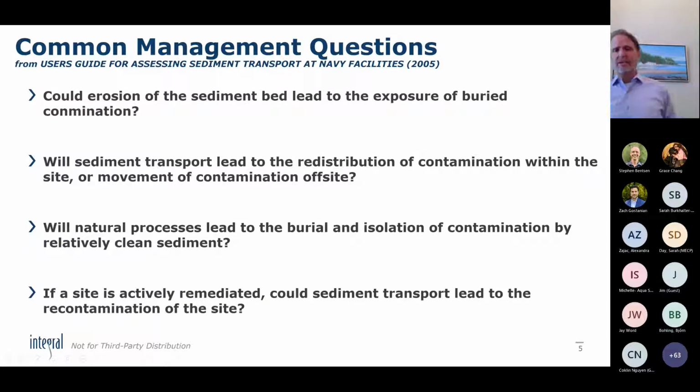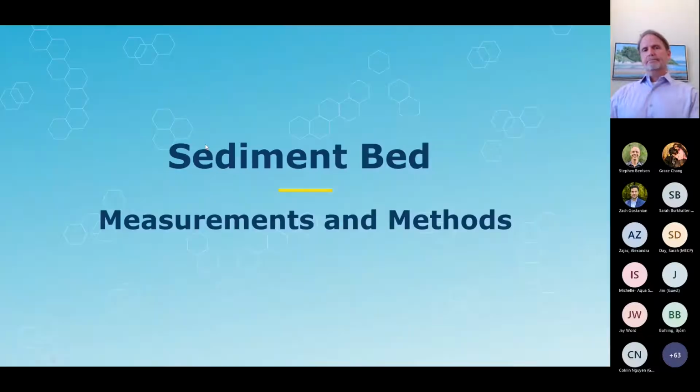And then finally, if there is active remediation at a site via removal or capping or other sequestration methods, could sediment transport lead to recontamination of the site? So could other sources, far field or near field, recontaminate remediation that's being conducted? So that's going to be a lot of the lens that we're looking at today.